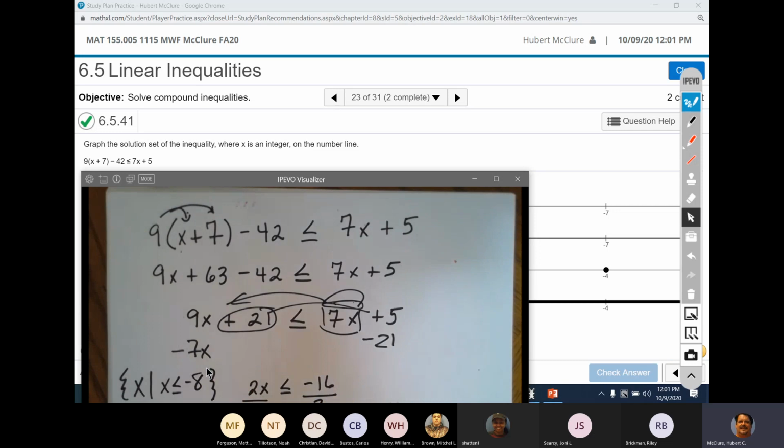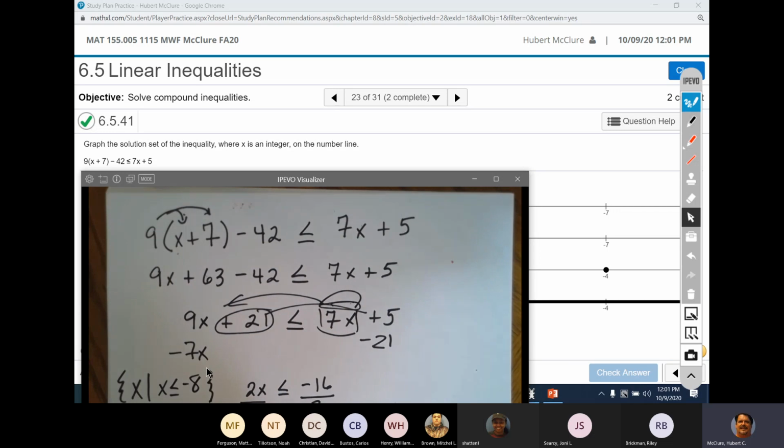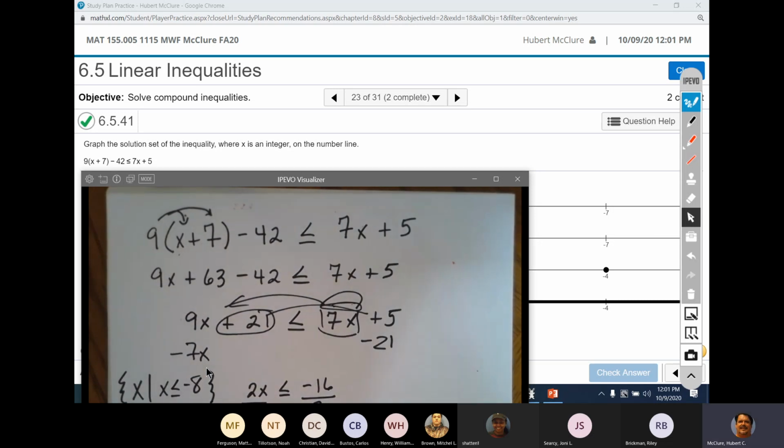Number line. Negative, positive infinity, negative infinity. Now, since this is integers, I'm going to put my 3 dots right here and 3 dots here. Oops, sorry.